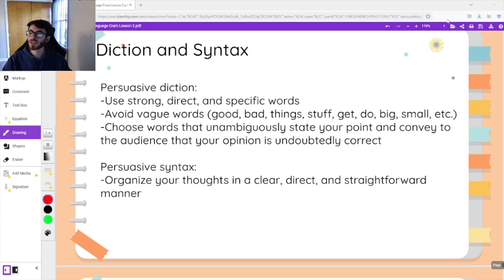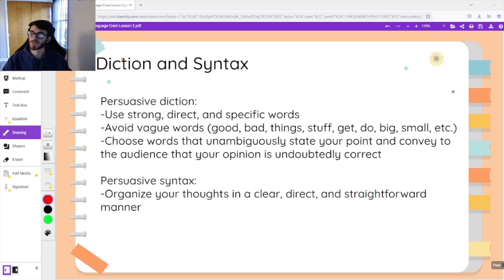So, what do we want to do to be persuasive? What diction and syntax do we want to use in order to be as persuasive as possible? We want to make sure we are using strong, direct, and specific words, and avoiding vague words.